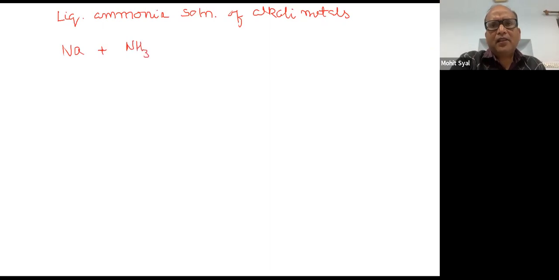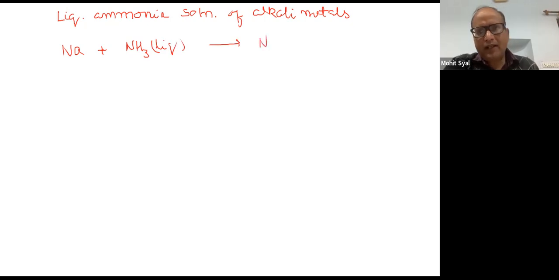NH3 is a gas actually, but when you cool it, it becomes liquid. So what happens here is you get Na. We know that all alkali metals have that one extra electron outside. They release that electron, and they form Na plus, and that electron is separated.